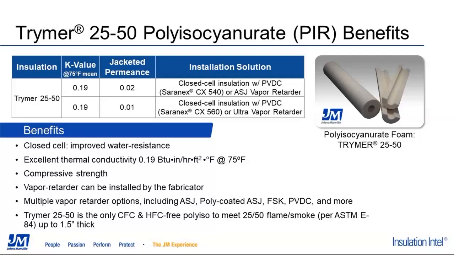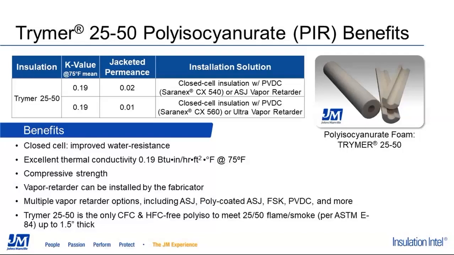Trymer and the various vapor retarders mentioned meet the important flammability requirement. That is, they all have the ASTM E84 flame/smoke rating of less than or equal to 25/50. Trymer 25/50 meets this 25/50 rating at thicknesses up to 1.5 inches, and this thickness is adequate for code compliance in virtually all indoor condensation control applications where a less than or equal to 25/50 performance would be required.